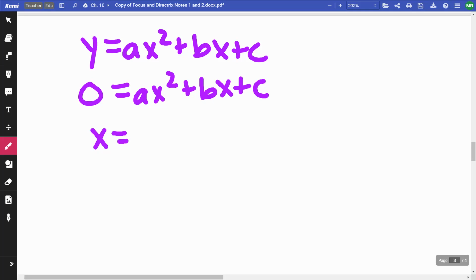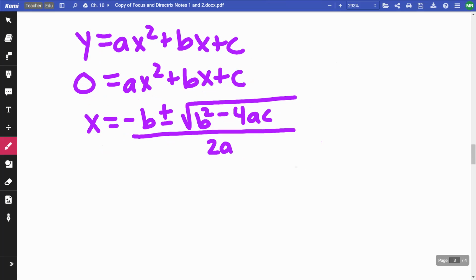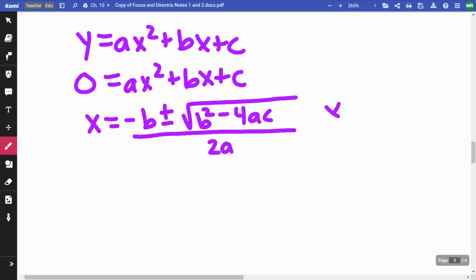If I want to find x for ax squared plus bx plus c equals 0, I can use the quadratic formula, which is negative b plus or minus the square root of b squared minus 4ac, all over 2a. Those are my two x-intercepts for that general parabola up there in standard form.